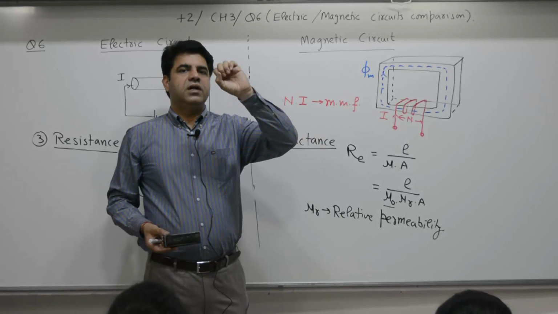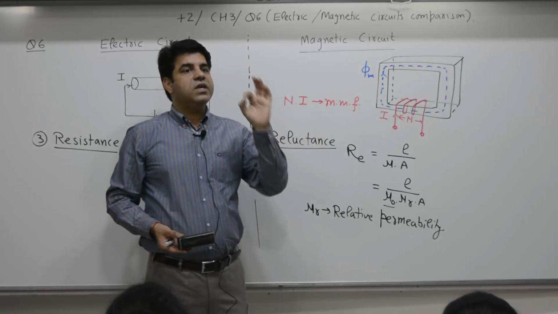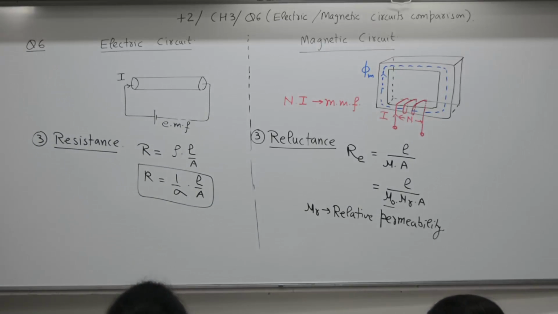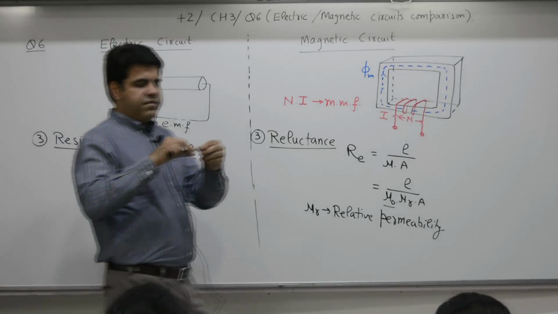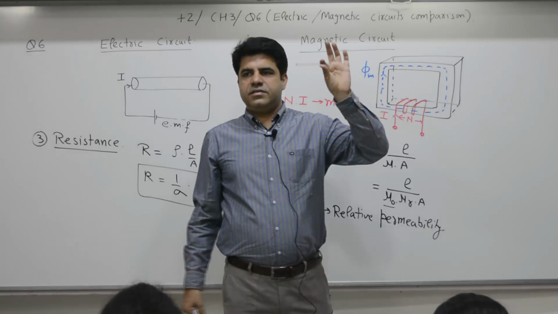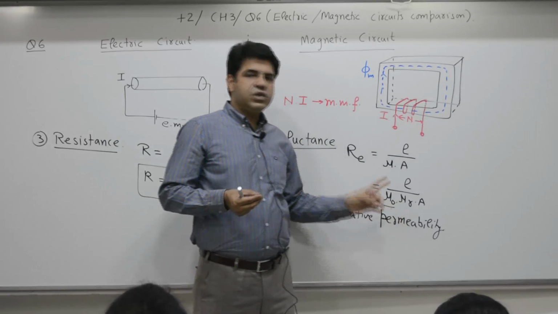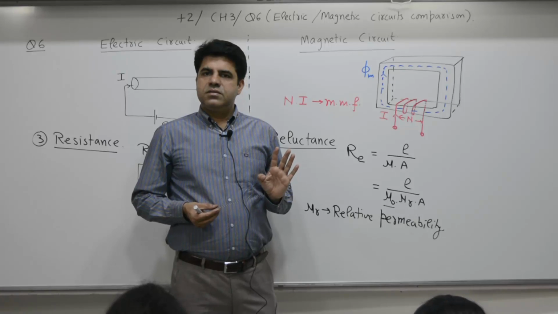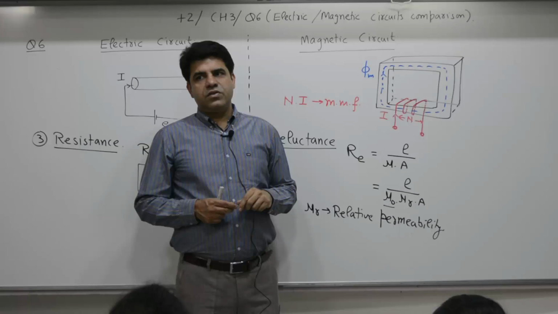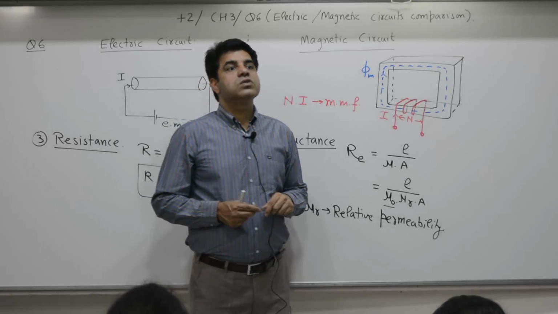So if you make an electromagnet of free air, only air, like this, if you take a winding like this, what is the material inside? Air. So for this, mu r is equal to 1. For soft iron, mu r is 1000.